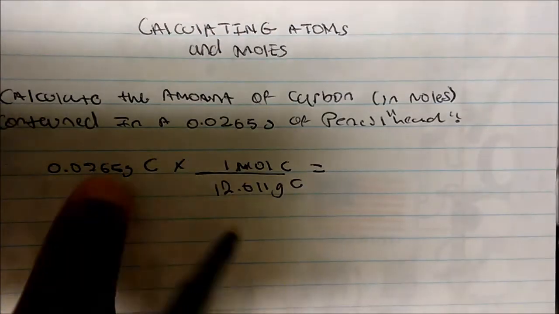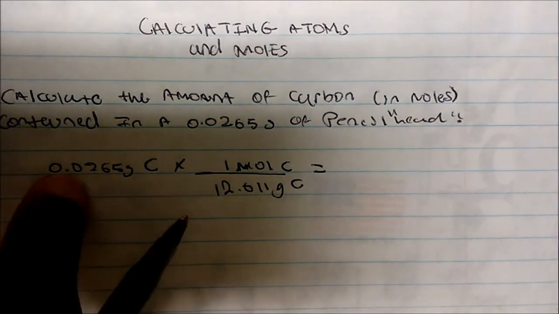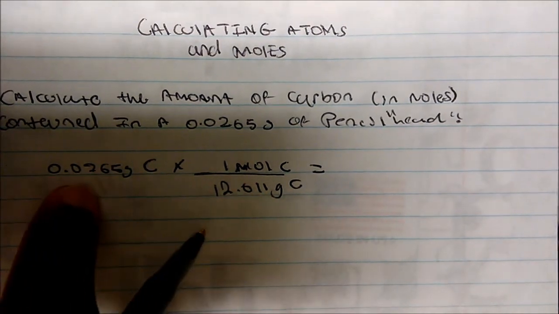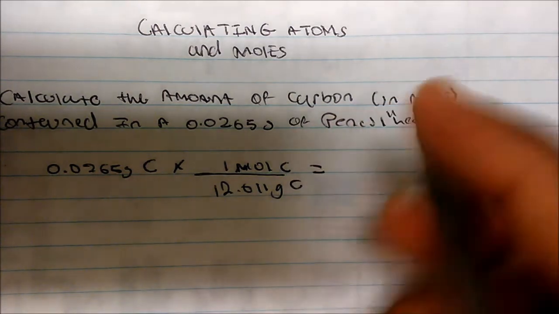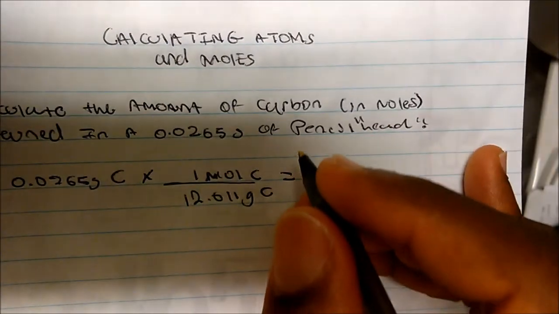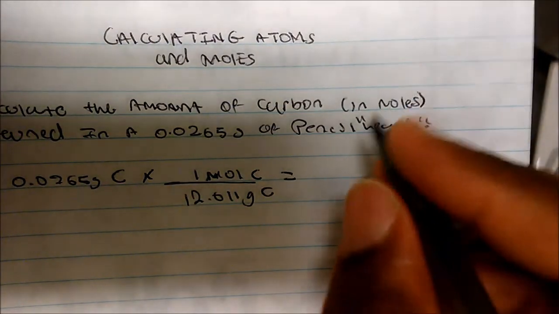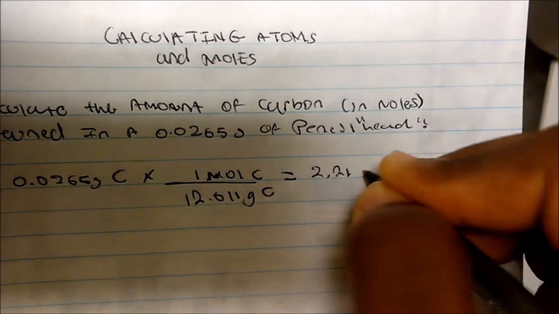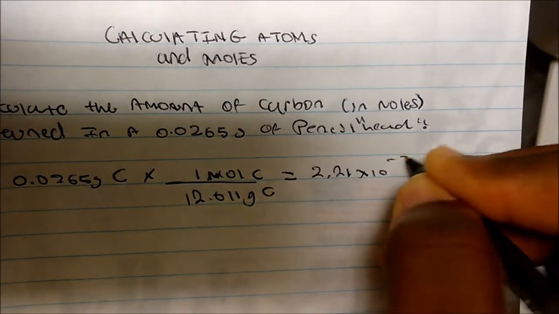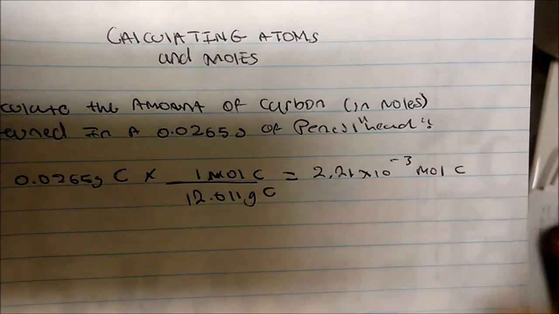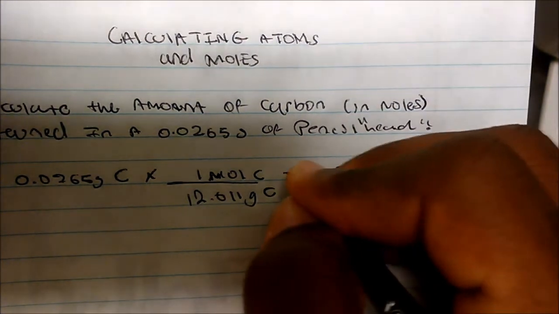So essentially, I'm dividing 0.0265 by 12.011 grams. And when I do that, I should get about 2.21 times 10 to the negative 3 moles of carbon, okay? And so that would be my answer.